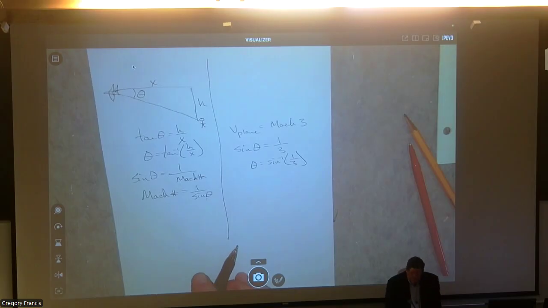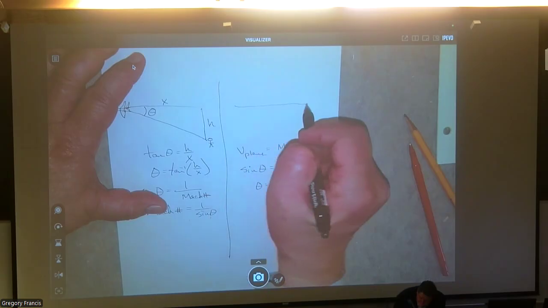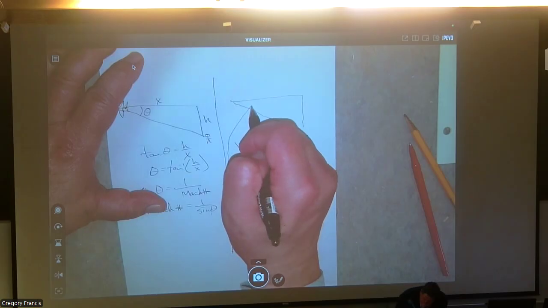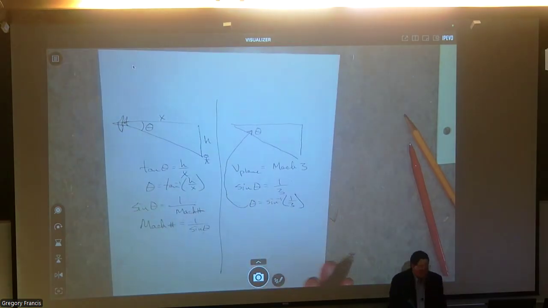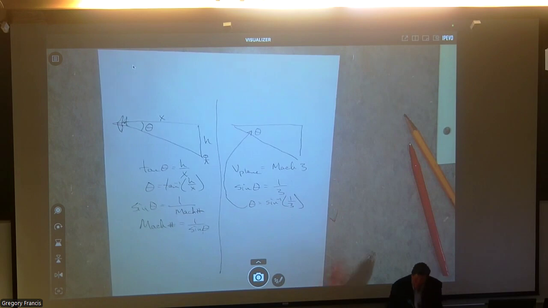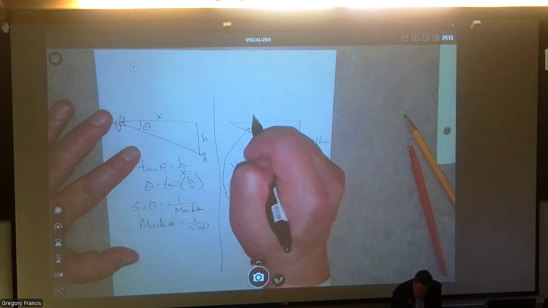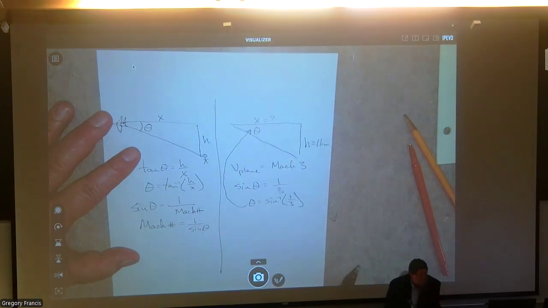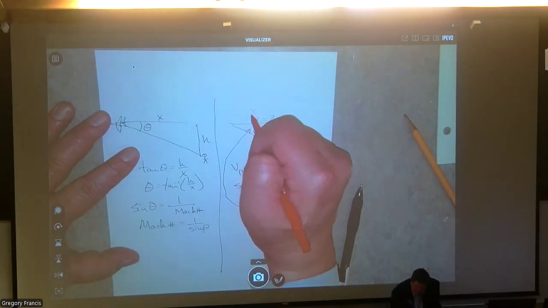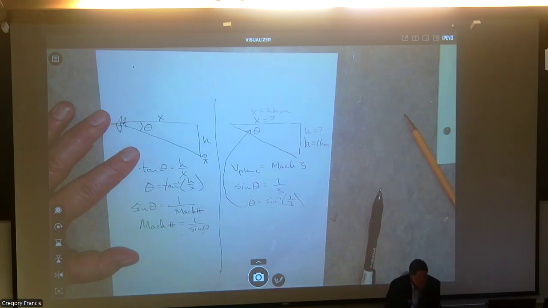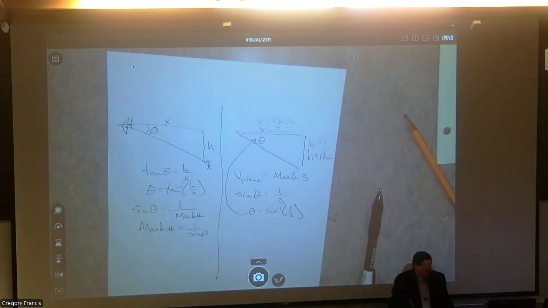Now, once you know that angle, you know everything about the geometry. If I give you H is equal to 1 kilometer and say, what's X? You can do that. If I say X is equal to 2 kilometers, what's H? You can do that. Okay, so those are the only two flavors. Okay, perfect, thank you.